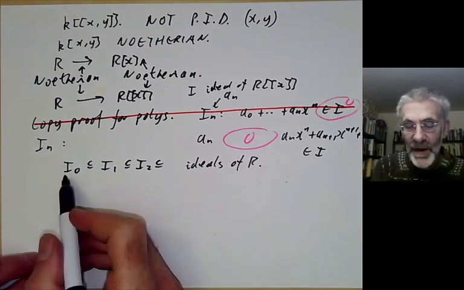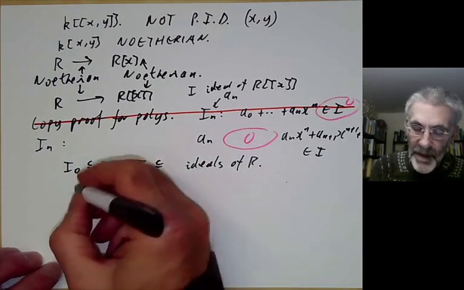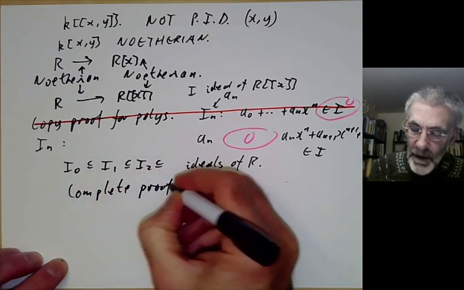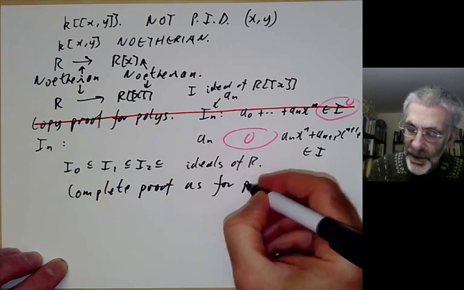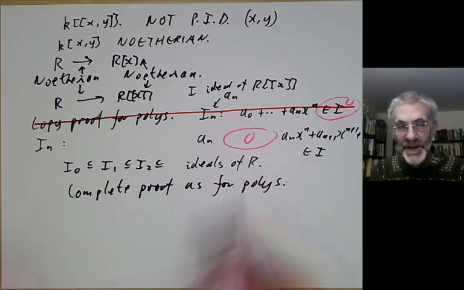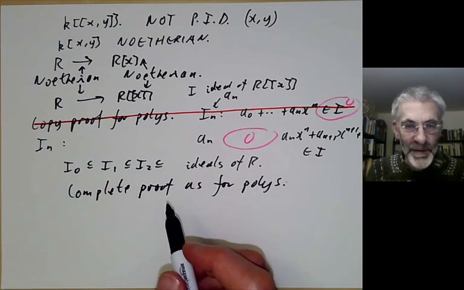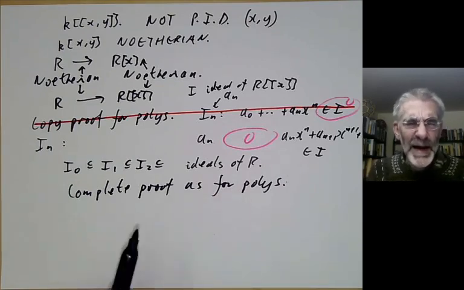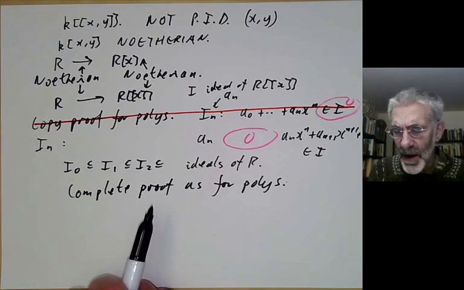And now we can complete the proof more or less as for polynomials. And I'm going to leave that as an exercise because it's really quite similar to the proof for polynomials. I should say there's one slight extra catch you have to worry about.